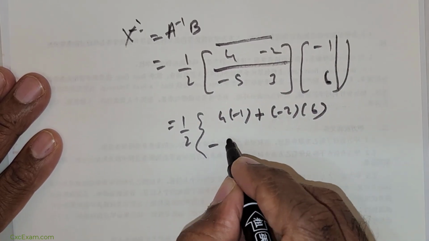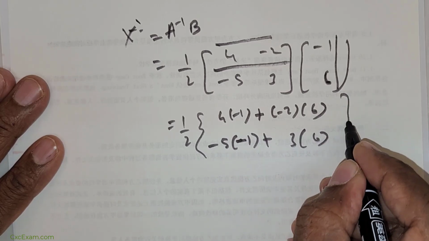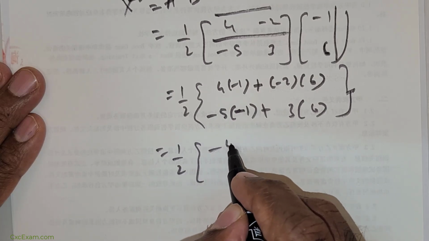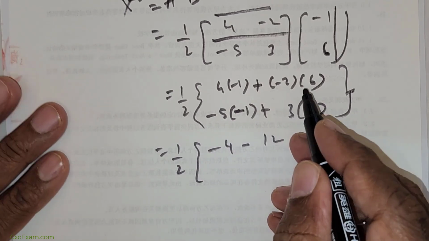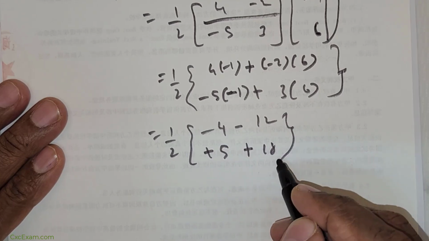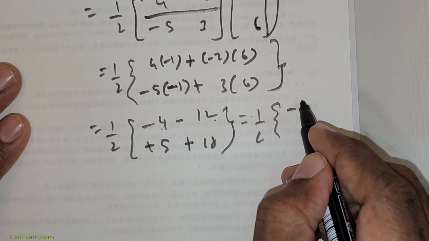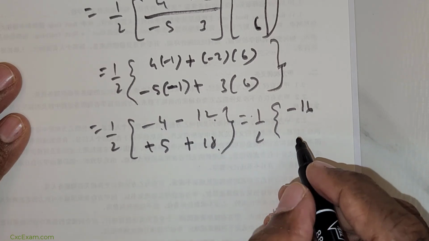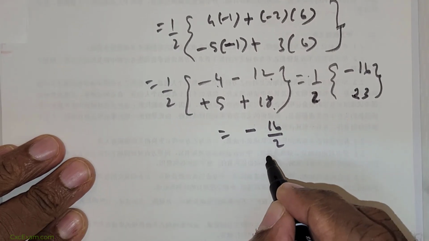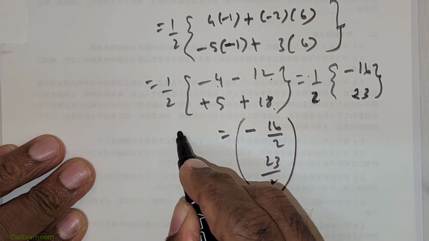So row with the column, -5 times -1 plus 3 times 6. So this is 1 over 2 times 4 into -1 is -4, -12, positive 5 and positive 18, which is 1 over 2 times [-16; 23], and this is going to give me -16 divided by 2 and 23 divided by 2. This is going to be my capital X.